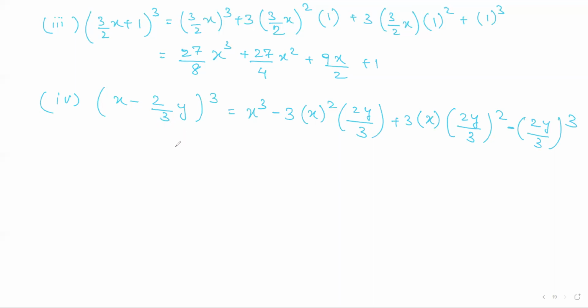So second term whole cube, which is x cube. Here 3 will get cancelled with 3. Here also 3 gets cancelled with 3. Minus 2x square y plus 2xy square. Sorry, 4xy square because 2 square is 4, minus 8y cube upon 27.